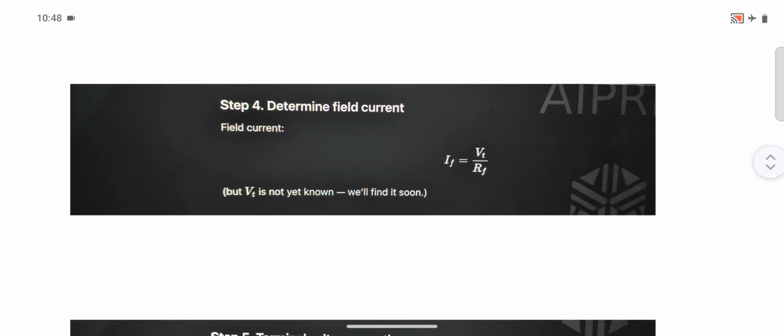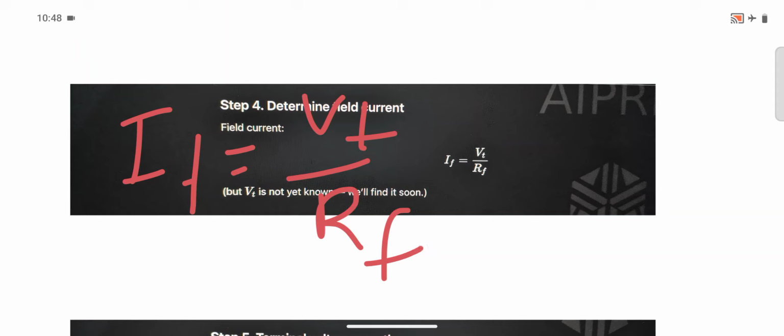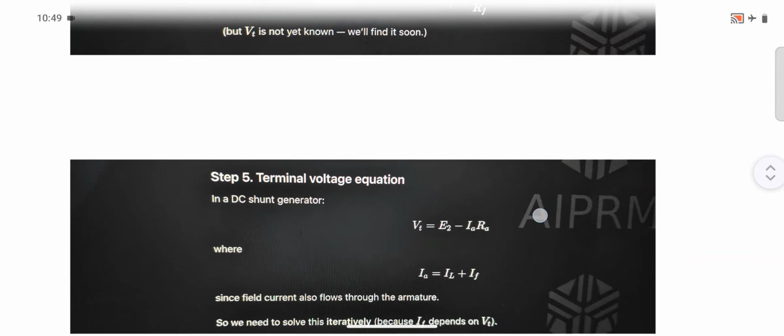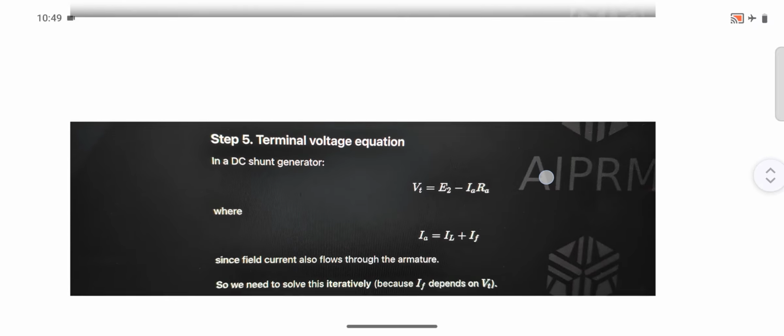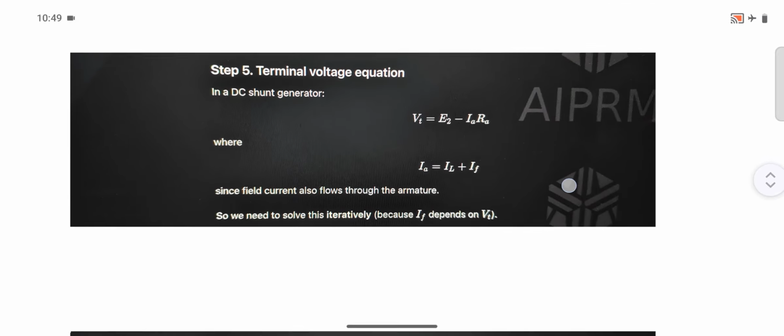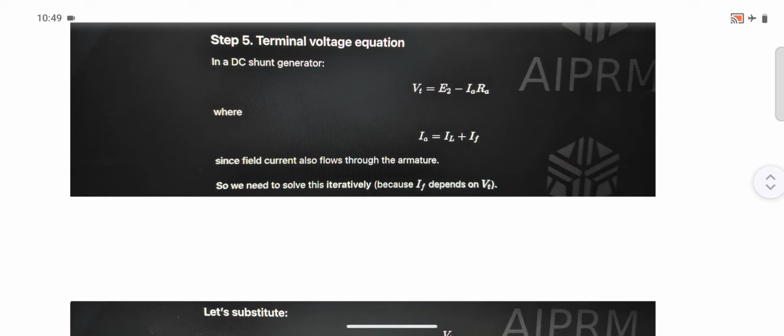Now we will calculate field current. Field current is equal to terminal voltage by field resistance, and we have to calculate terminal voltage.